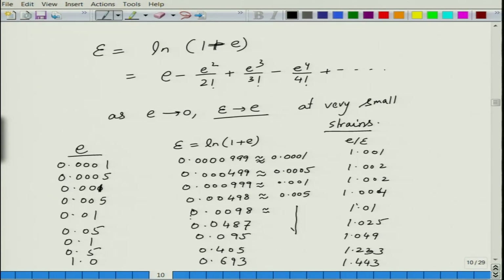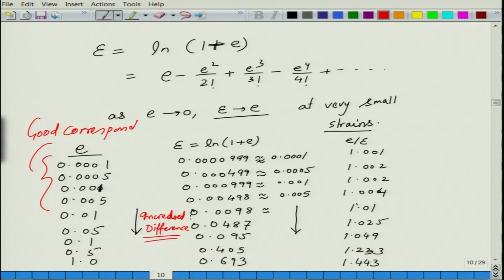So, this is where you have increased differences. So, it is only at small strains there is a good correspondence, but at large strains there are large differences.